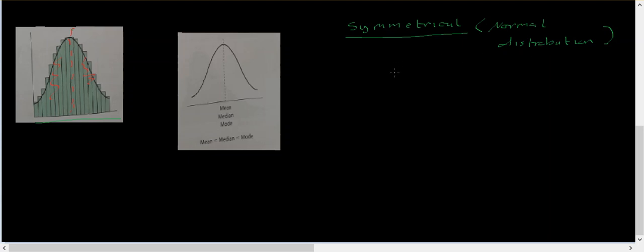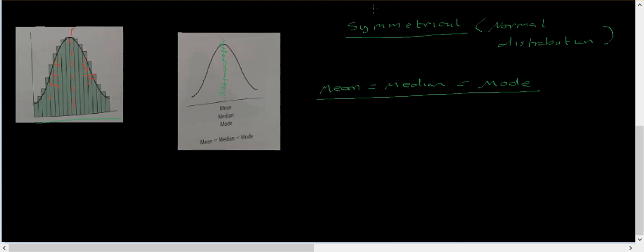Also, with a symmetrical distribution, the mean is going to be equal to the median, and it's going to be equal to the mode. So the central tendency is going to be along the middle here. That's very important as well. The mean, the median, and the mode are all going to be equal to each other.